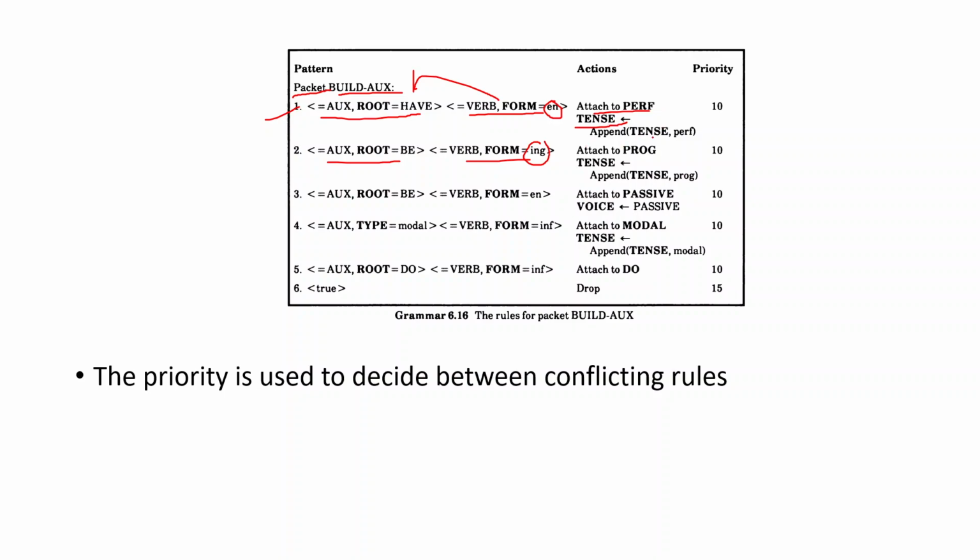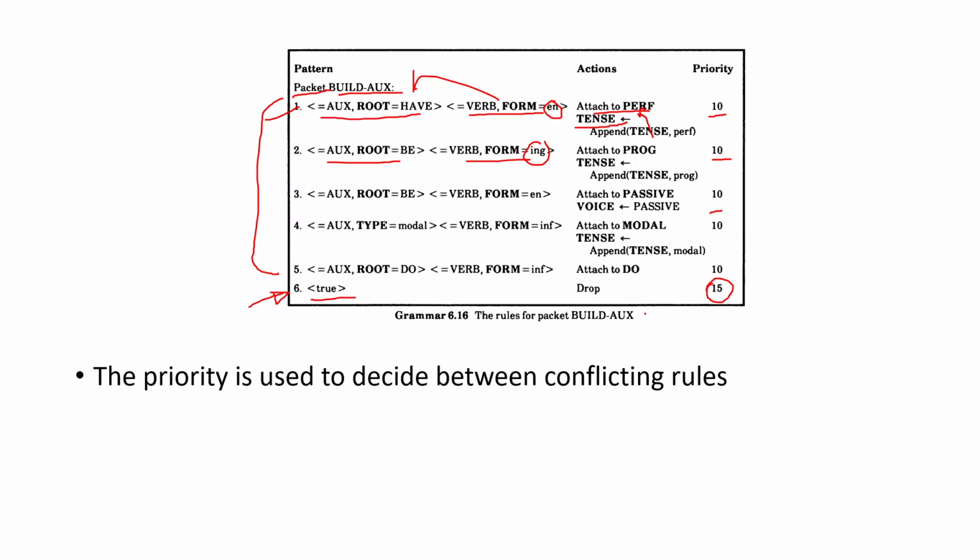So you have to append the tense of the verb here, and here you have got a priority associated with it. The priority is needed since there are multiple rules; you might have to give preference to certain rules over the others. Say for example, this is a rule which is true always. Okay, so only when none of these rules are applicable do we need to apply this rule. So in order to do that, we give it the least priority. 15 is a larger number, so it has a lower priority.